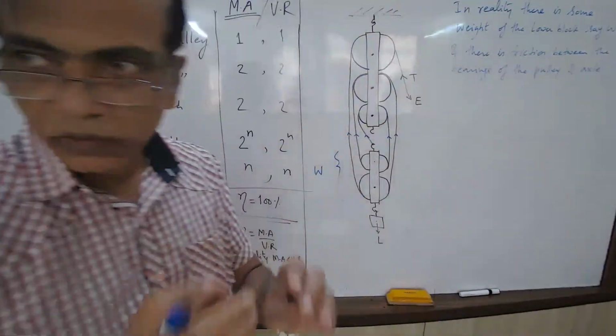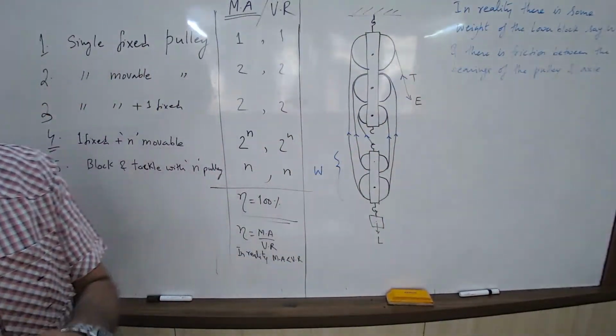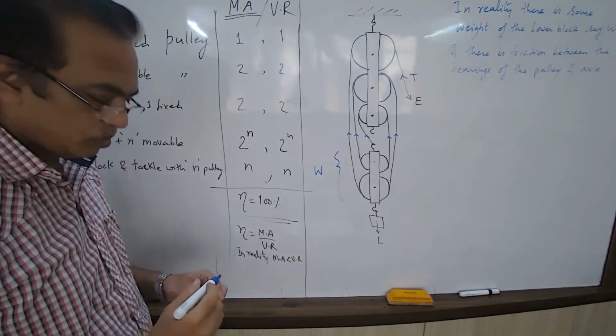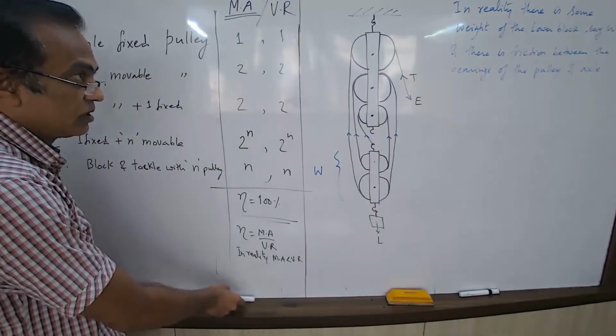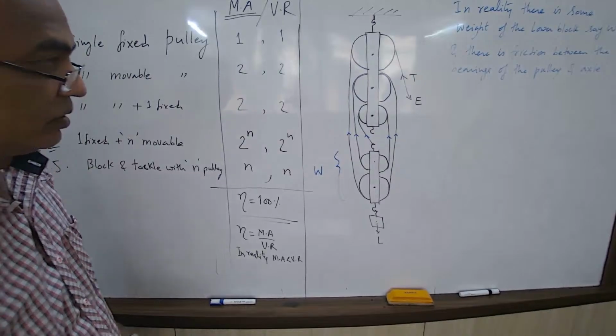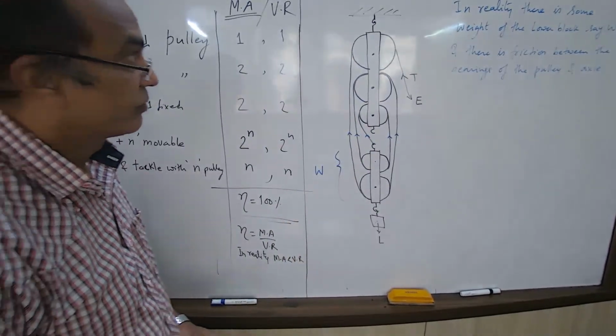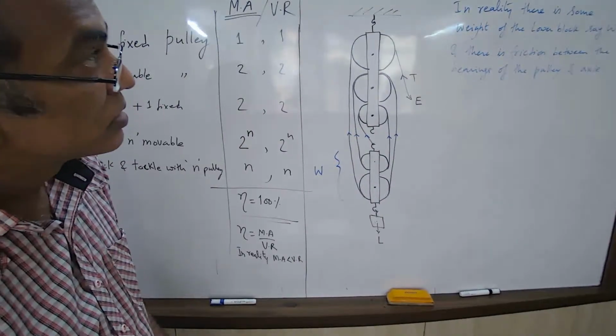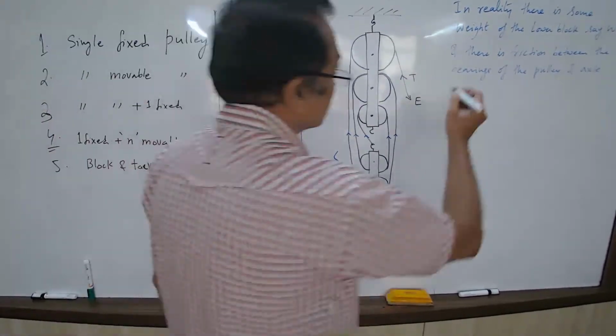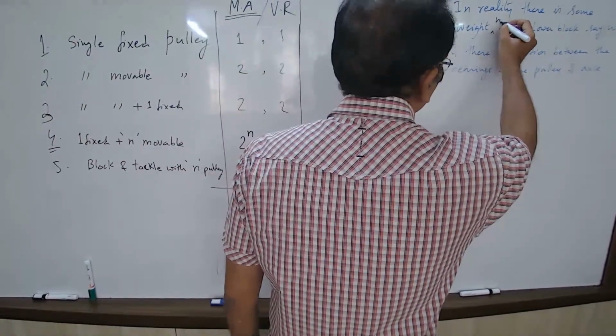So pulley is mounted on the axle and there is a bearing between pulley. You know bearing, right? Ball bearings are there in the cycle. Wherever there is a wheel, there is a bearing. So due to which the efficiency becomes less than 100%. There is some weight. So that weight, say W.